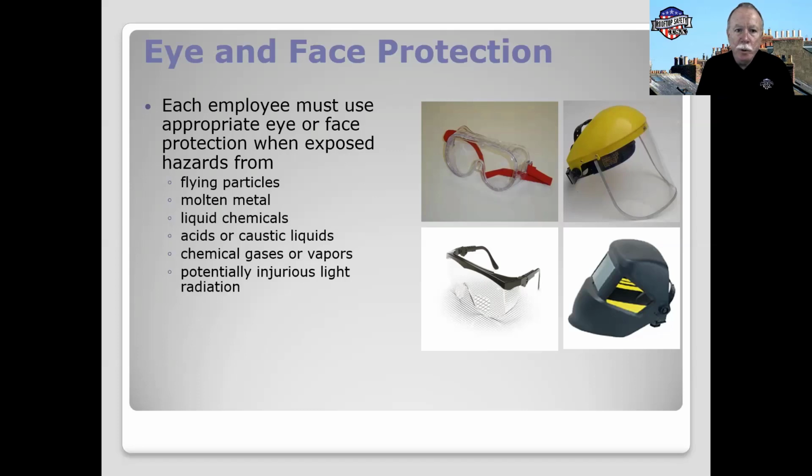But in general, we need to protect from flying particles, hot metal, liquid chemicals, any type of gases or vapor, and light radiation. We'll talk about that. So make sure you have proper eye and face protection for the job.